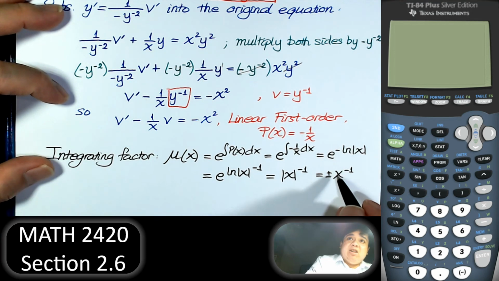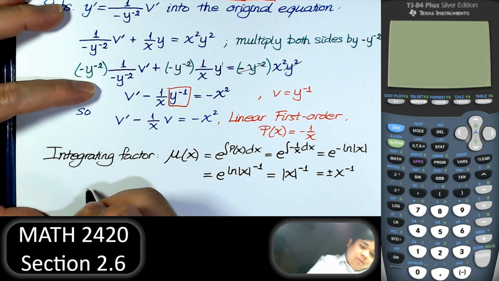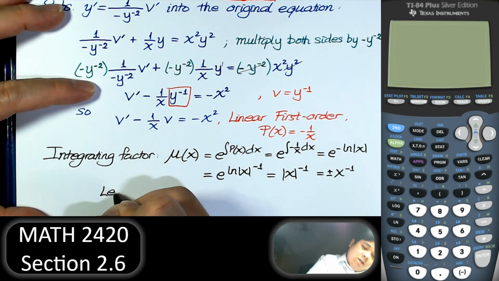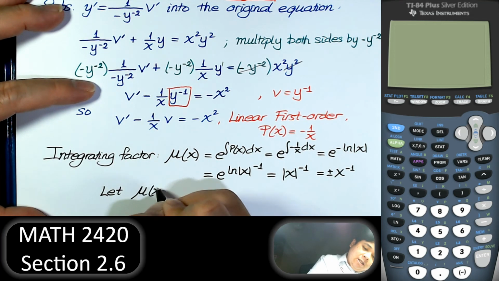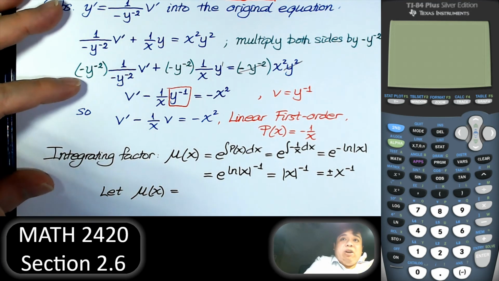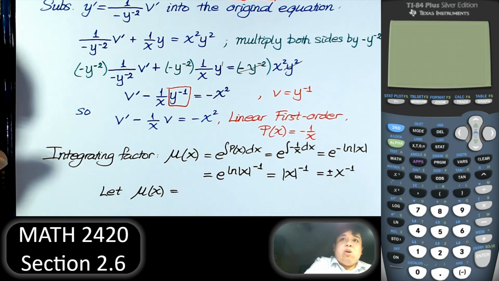So in the integrating factor, it's just x to negative 1. If there's plus or minus, we can just ignore it.